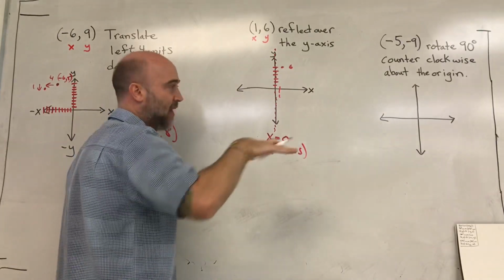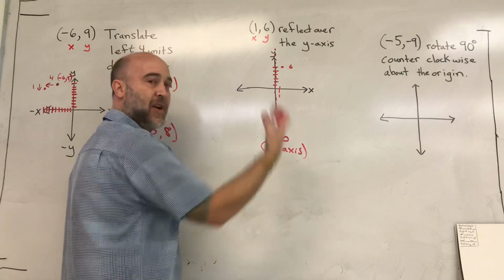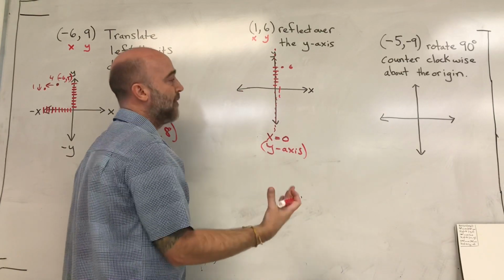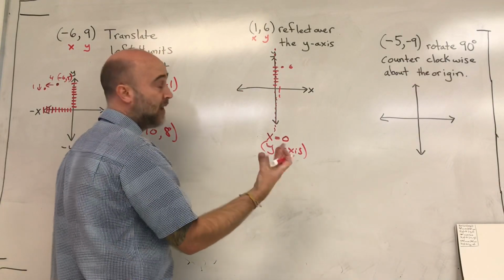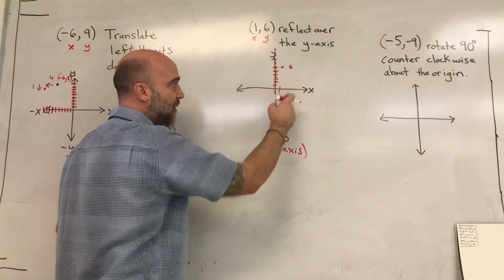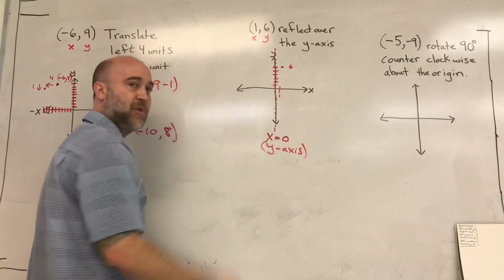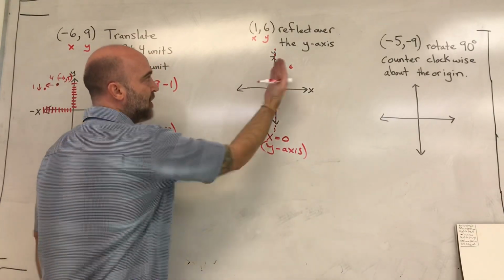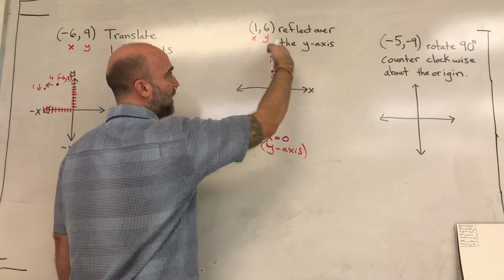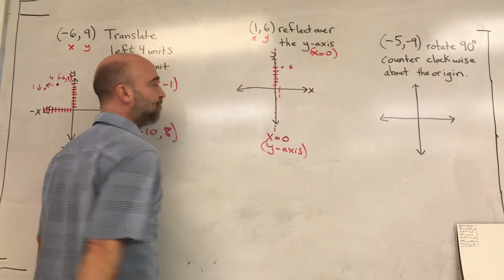And the trick is it has the letter of whatever it hits. So this hits x equals 0. That's why x equals 0 is the equation. So that's my reflect over the y-axis, which is really the x equals 0 line.